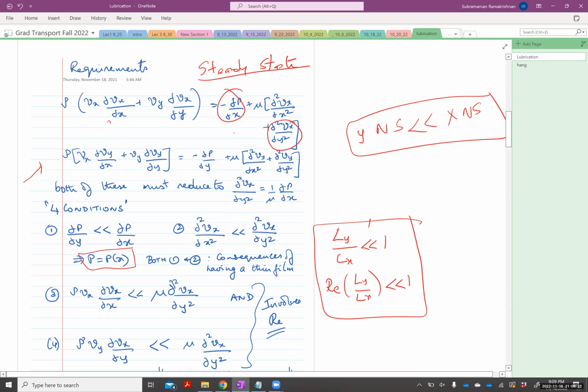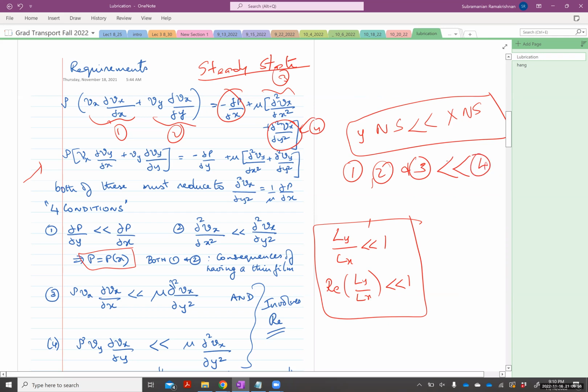The rest of the terms, call them 1, 2, and 3, are all much less than term 4.